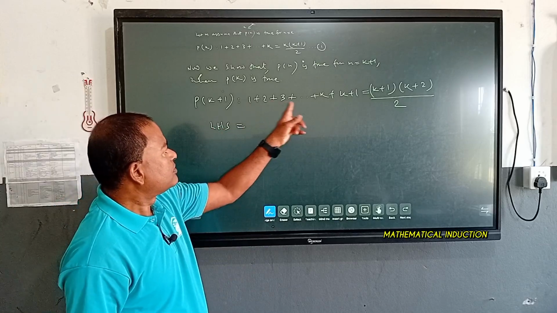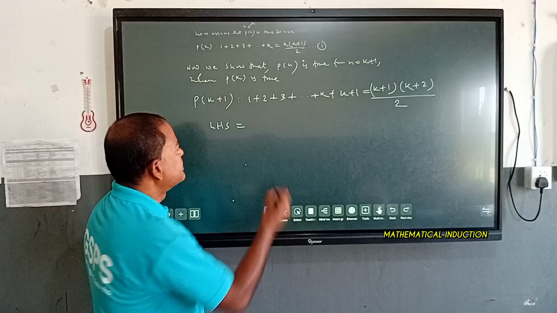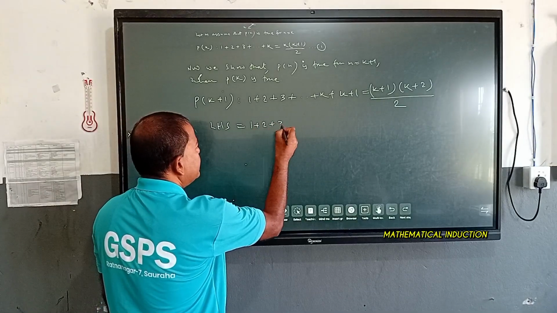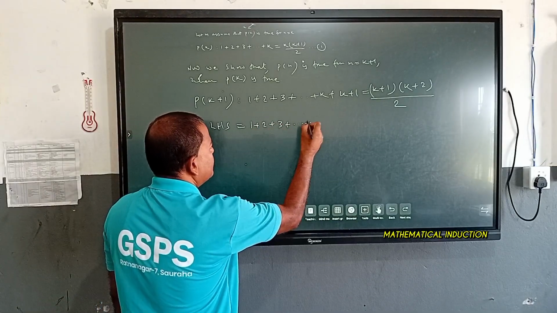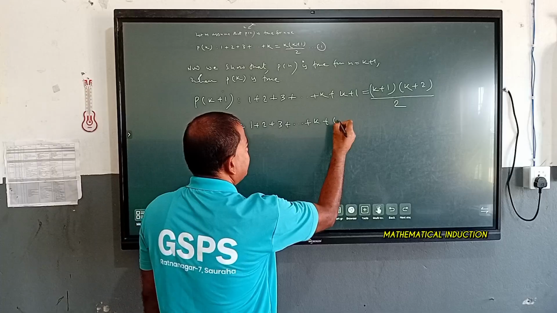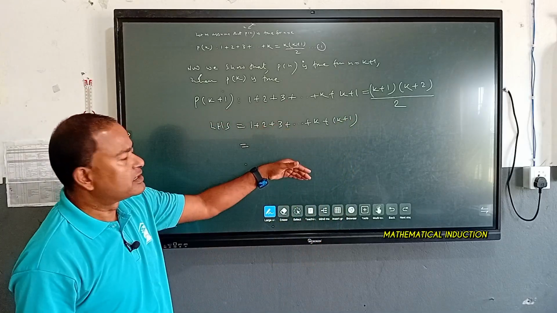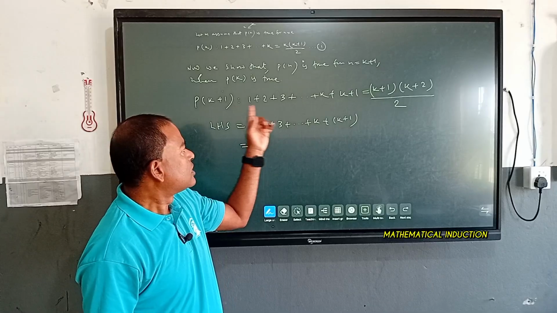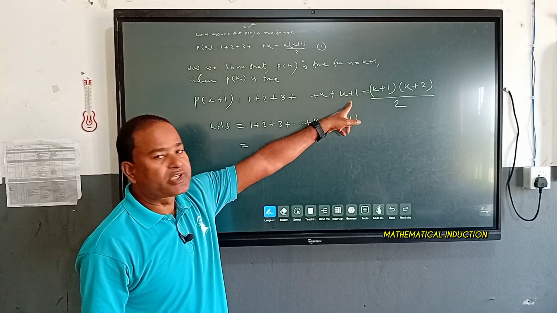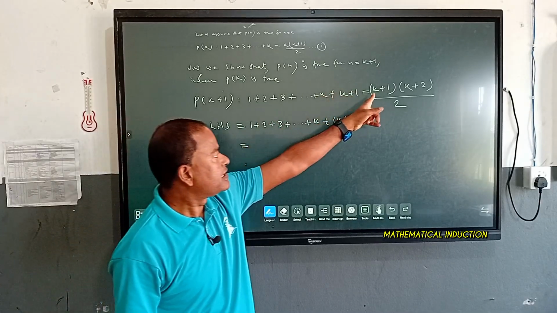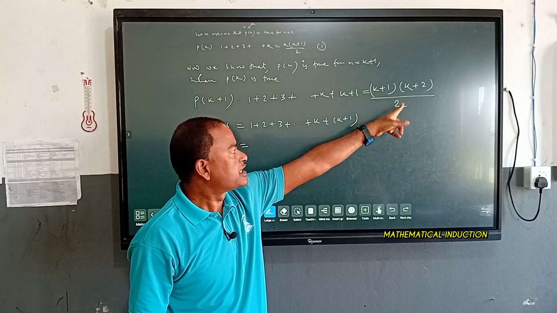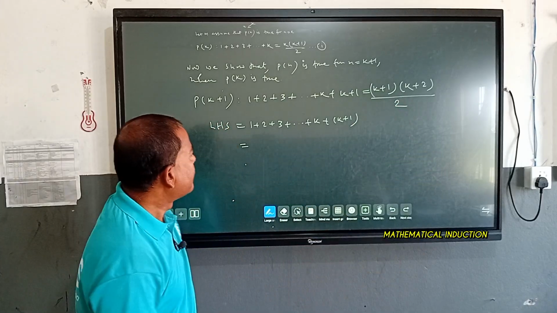LHS is equal to 1 plus 2 plus 3 plus dot dot dot plus k plus 1. By solving this, we'll find the sum of all the terms up to the k plus 1th term, which is k plus 1 times k plus 2 divided by 2.